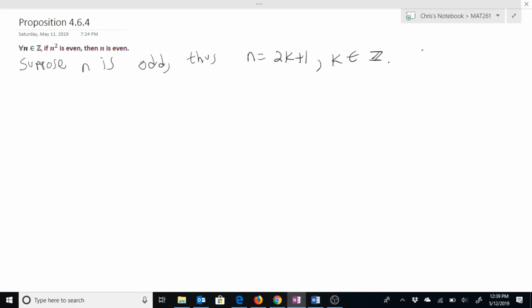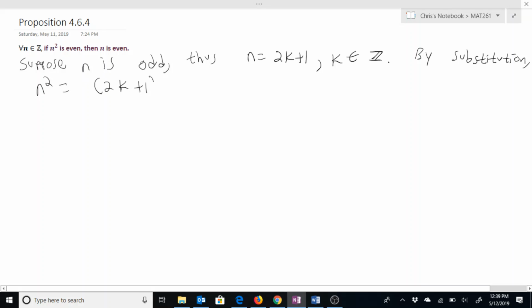So, by substitution, n squared will equal to 2k plus 1 squared, which we could then multiply that out to make 4k squared plus 4k plus 1 by algebra.